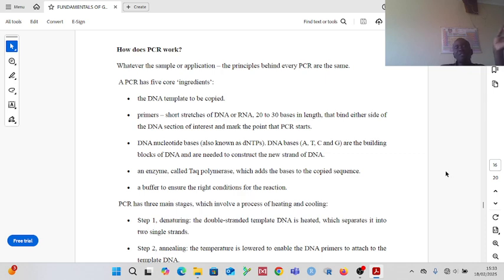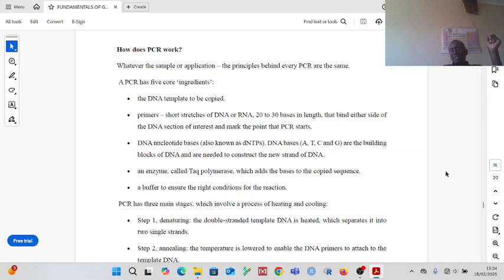The DNA template that you want to copy, the short stretches of either DNA or RNA, the primers, then the DNA nucleotide bases, the dNTPs. These are the building blocks, which the enzyme will be picking and using to add on the primer as it elongates it. Then you need the enzyme itself, the Thermus aquaticus, Taq polymerase.